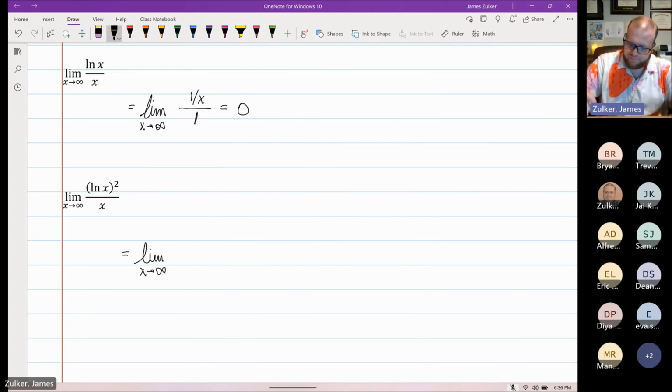Derivative of the numerator function. General power rule. So 2 times log of x, and then times the derivative of log of x.